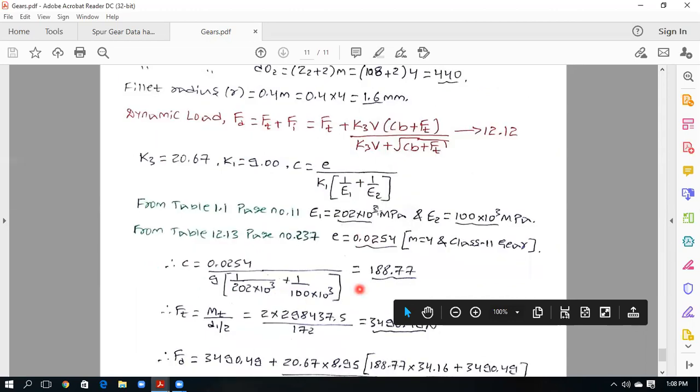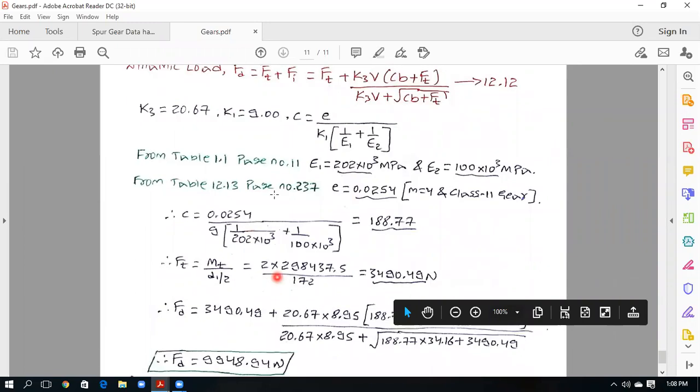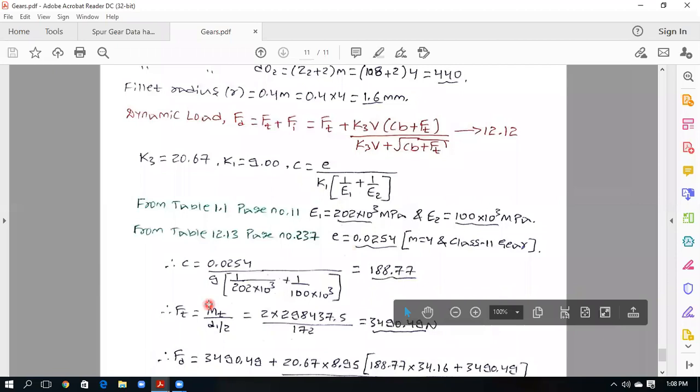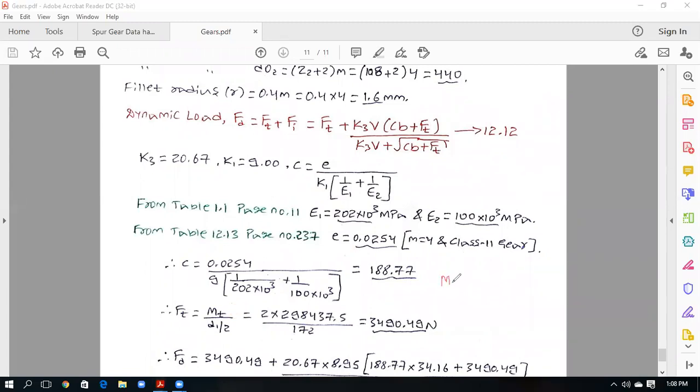Now substitute all the values in this equation. After substituting that you will get the value of C, and we know that Ft, that is torque, is nothing but force multiplied by radius. Therefore torque, denoted by Mt, is equal to force multiplied by radius. Radius is nothing but d by 2, so Mt is F into d by 2.